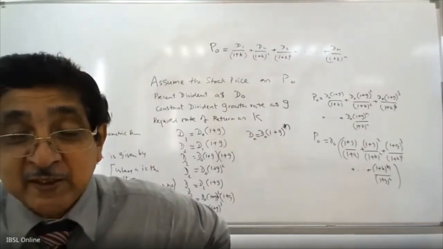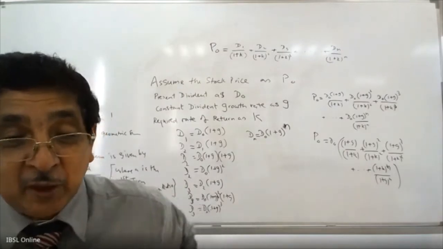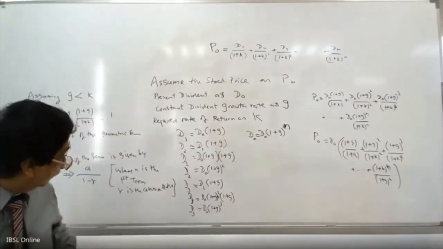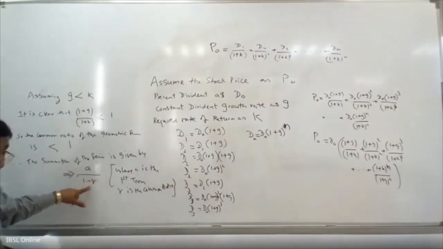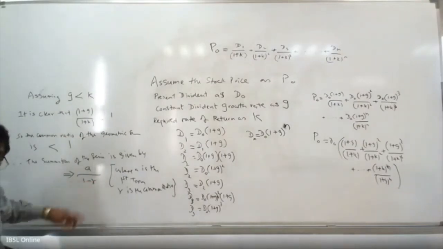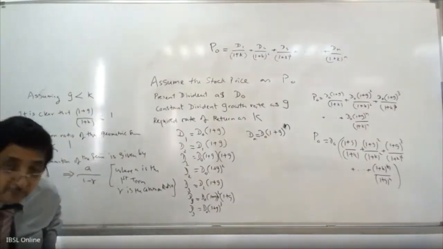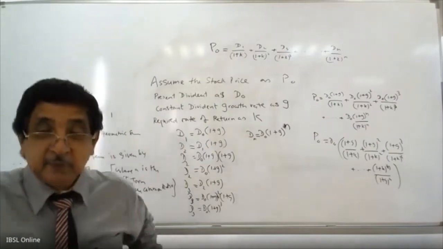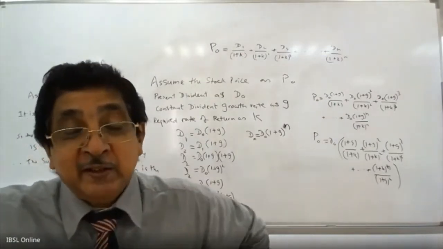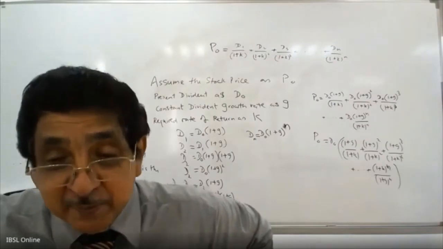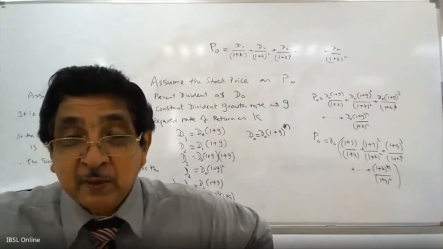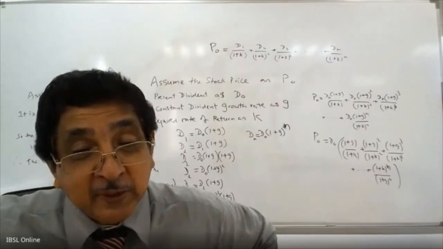Asanka, try it and see what the summation is with the formula. This is the formula: A divided by 1 minus R. Now you have to apply the terms into the formula. A is the first term. R is the common ratio.